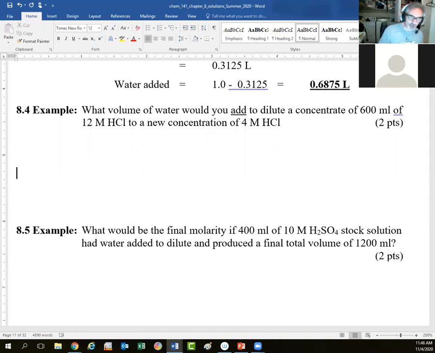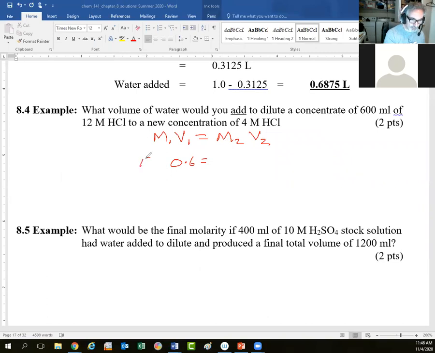Okay, let's finish these off. So of course, for these dilutions, our calculation is M1 times V1 is equal to M2 times V2. What volume of water would you need? We've got 600 milliliters of the initial solution, or 0.6 liters. The initial concentration is 12 molarity.